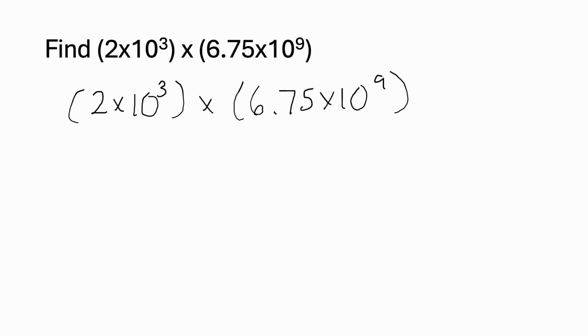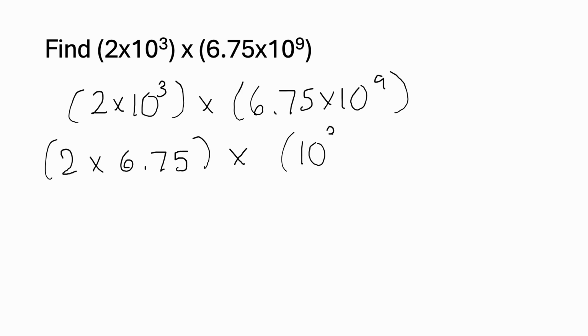So we group the front numbers together, 2 times 6.75, and then we group the powers of 10 together, 10 to the power of 3 times 10 to the power of 9. Let's do the left-hand side first.